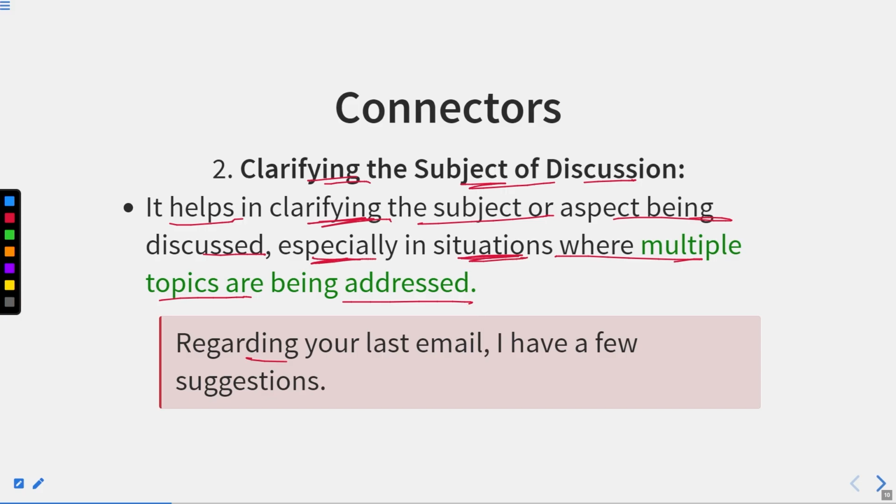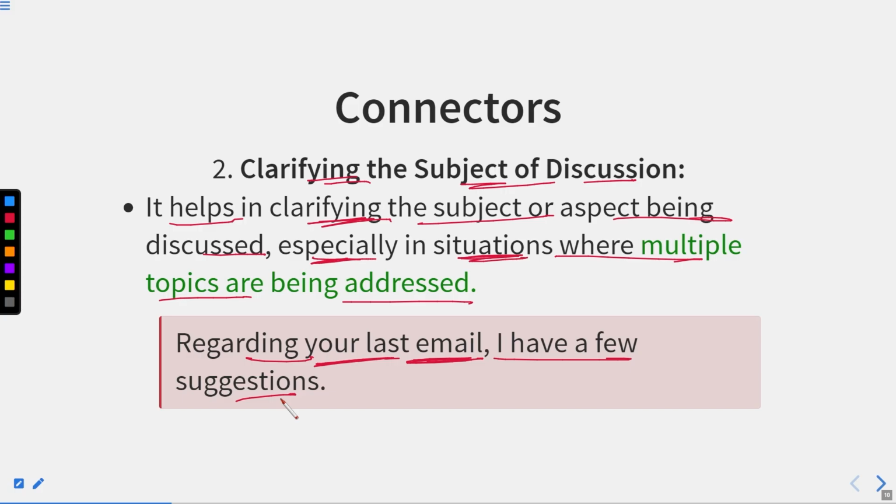Okay. Regarding your last mail. Now, if you are referring to some email that you have already got, or maybe you talked about it earlier as well: regarding your last email, I have a few suggestions. It means the topic or points that you are mentioning are in reference to the last email, or last mail.